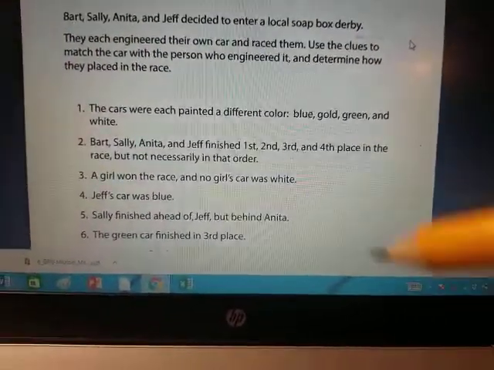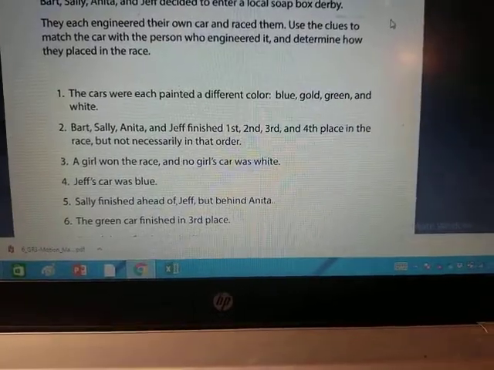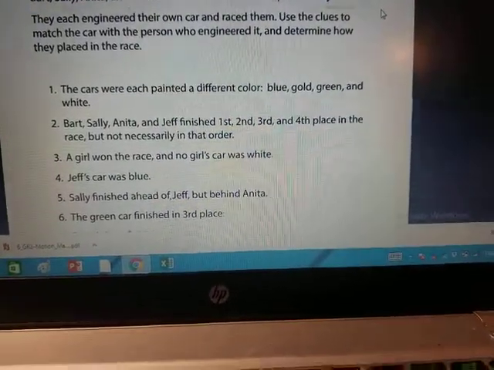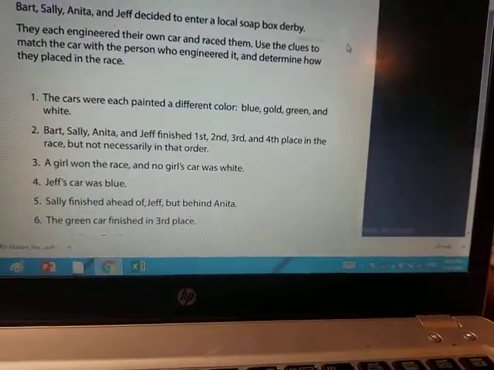You need to follow all these clues to figure out who came in first and what the color car was. So I would suggest getting a piece of paper. I would suggest making different columns.